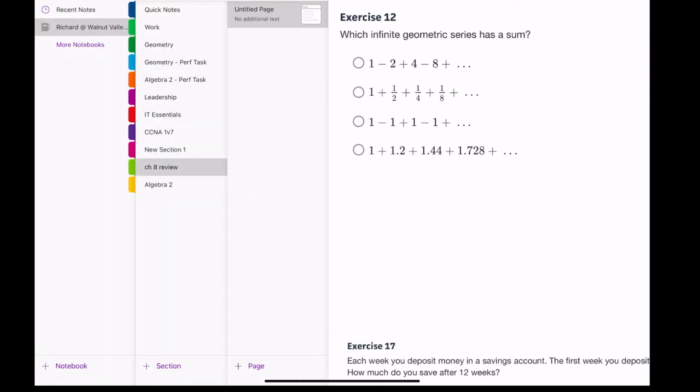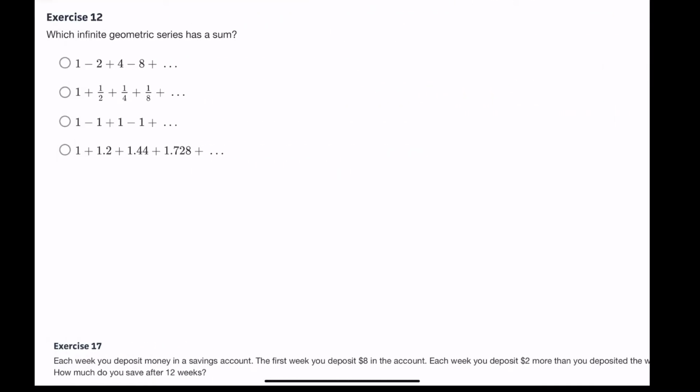So if we go back to this problem, what you're going to have to do right here is figure out what is the common ratio in these 4 different series. So quite simply, let's take the first one, we got negative 2 divided by 1, that's going to be negative 2. But remember, if you take the absolute value of it, it needs to be less than 1.